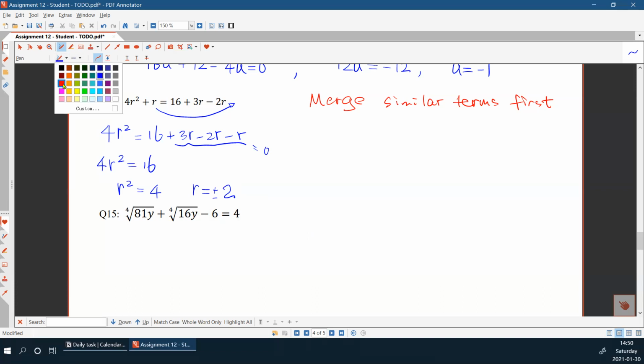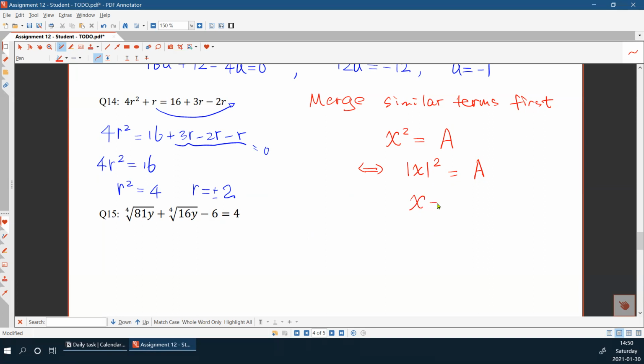Okay, here you need to pay attention to this. If you have x squared equals a, actually this is equivalent to the absolute value of x squared is a, right? So x could be positive or negative root square of a.